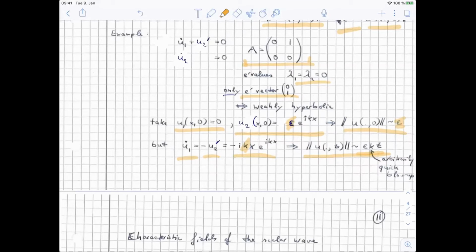And that's precisely what happens typically if you try to evolve weakly hyperbolic systems numerically: short wavelength modes of the underlying analytic system of equations blow up quickly, ever more quickly the shorter the wavelength gets. But in your discretized equations, you have a certain shortest wavelength mode that you can represent.